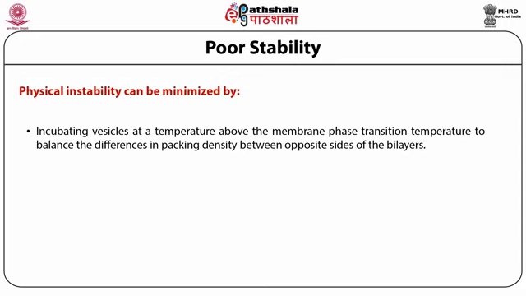Second method: aggregation of neutral liposomes is a consequence of van der Waals interaction and is more prominent in larger vesicles. This problem can be overcome by imparting a small negative charge to the lipids. Very small unilamellar vesicles tend to fuse because of relieving stress arising from the high curvature of the membrane.